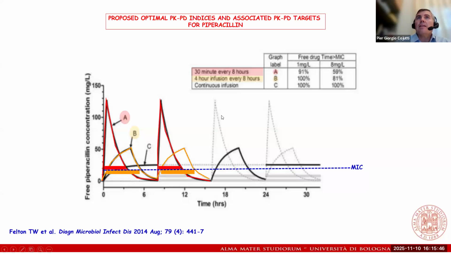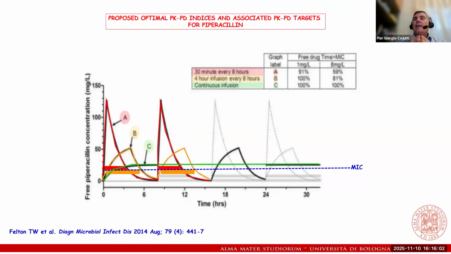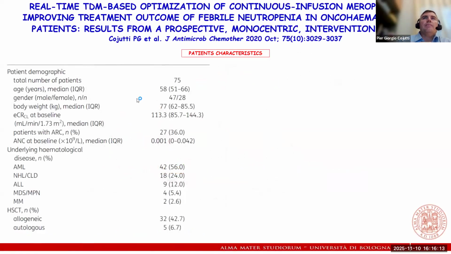And when you administer the antibiotic by continuous infusion, the red line, then if appropriately targeted above the MIC, you ensure your patient 100% of the concentration above the MIC, so a threshold of efficacy is already reached. And so this is the advantage of giving extended infusion or continuous infusion to your patient. You ameliorate the achievement of the PK/PD target of efficacy.